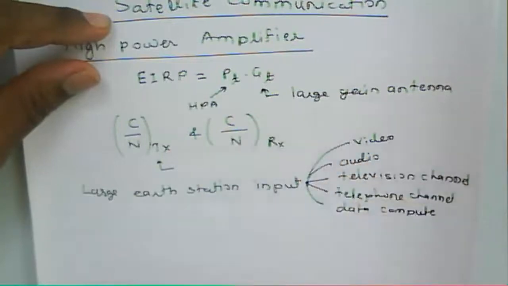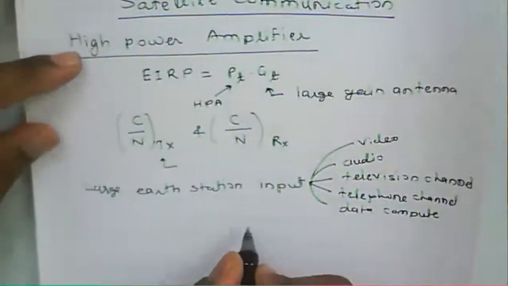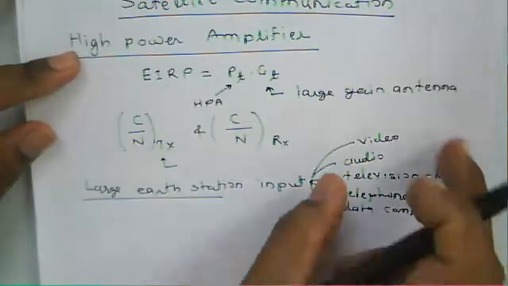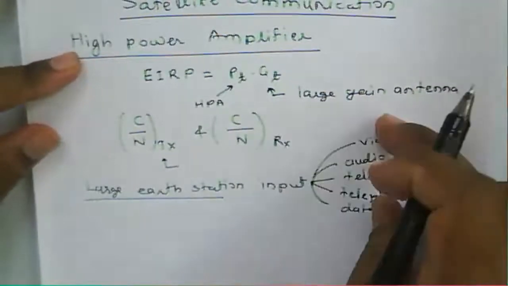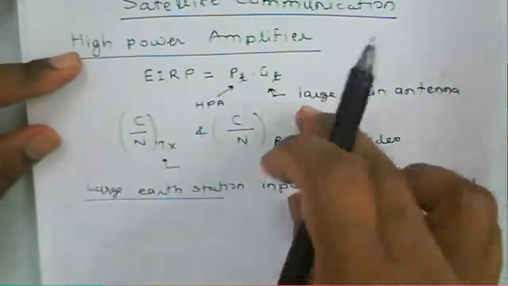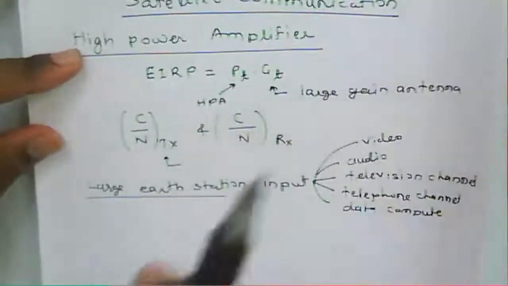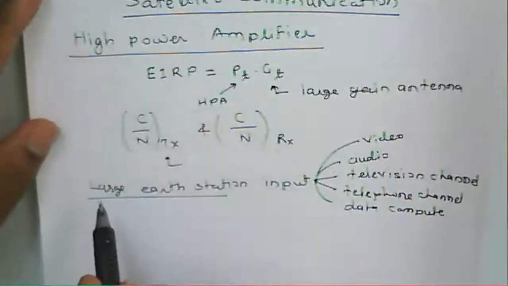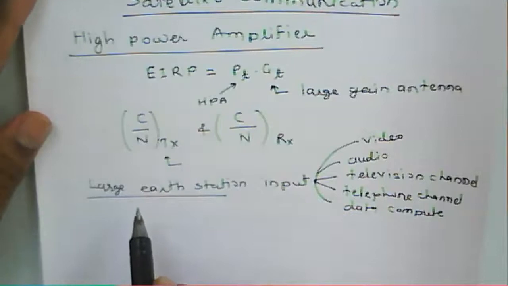So likewise various inputs are there. For the larger station, the input is large, and there is more combination of the input. That's why the EIRP required for the large earth station is large.